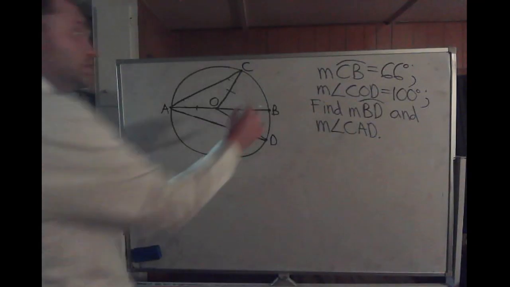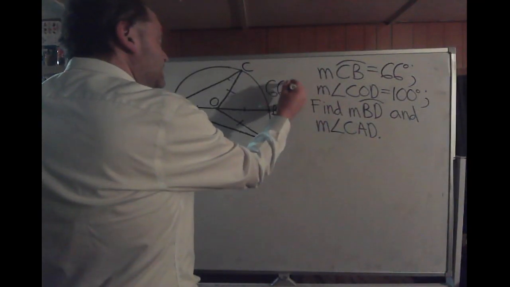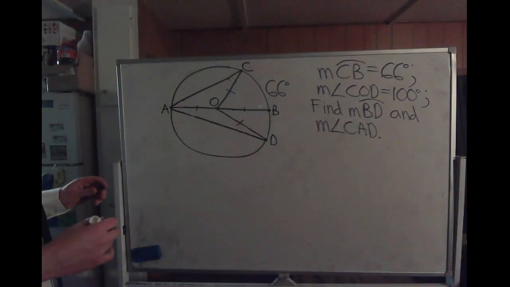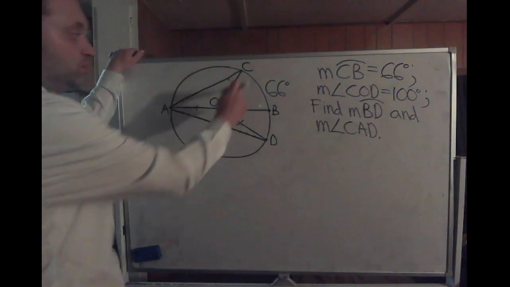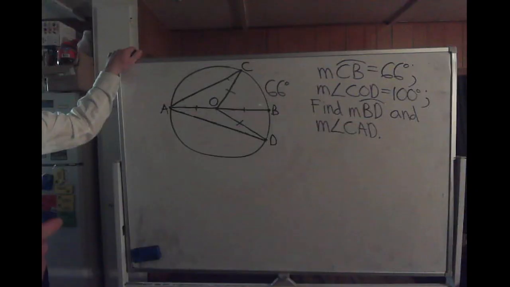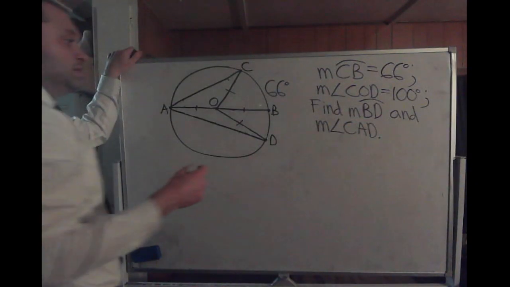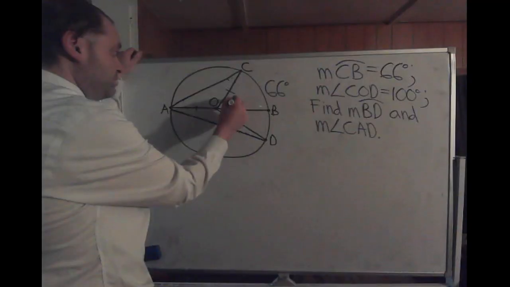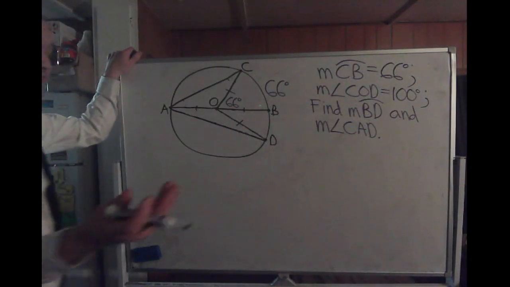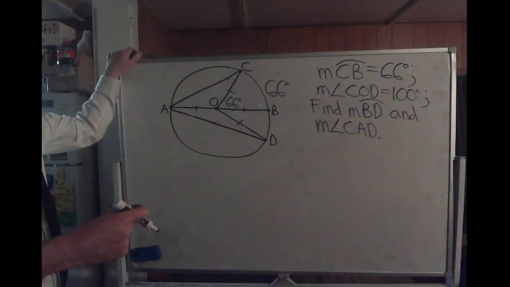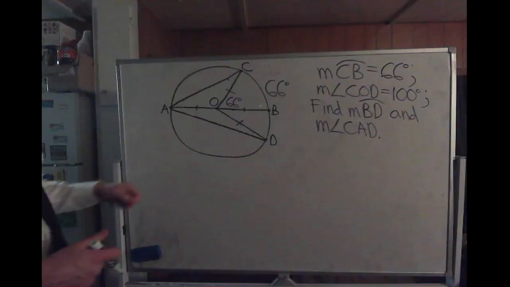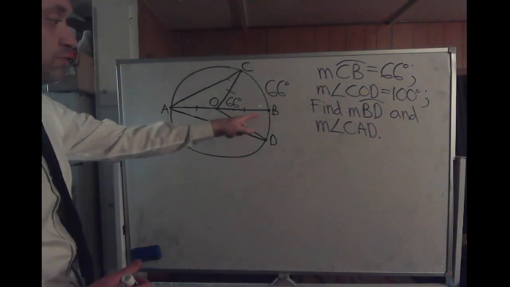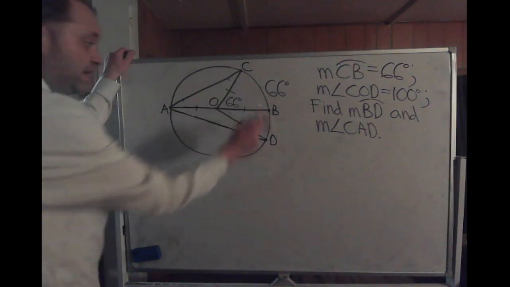Let's start with what we know, that CB is 66 degrees. We know that the whole measure of angle COD is 100 degrees. Well, angle COB is the central angle to the 66 degree arc, right? So that means central angle COB also would have to be 66 degrees. We want to ultimately start by finding the measure of angle BOD, since that's a part of angle COD.